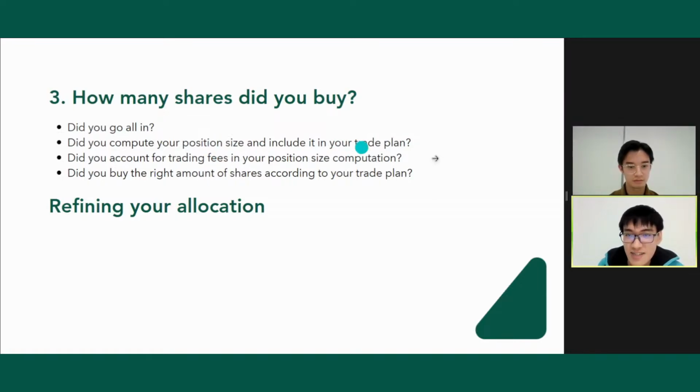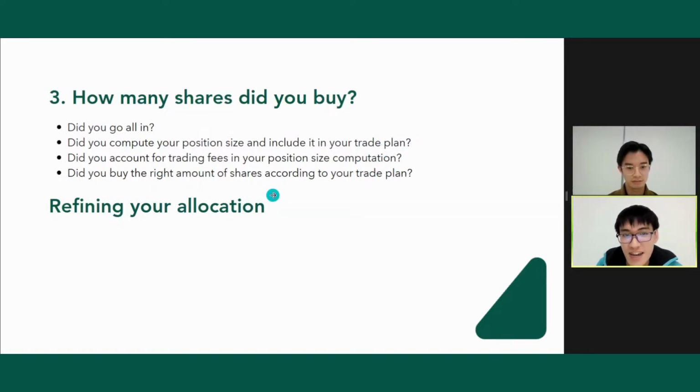And another is, did you account for the trading fees in your position size? Because sometimes you might find that if the stock hits your stop loss, you lost more than 1%, then that might be because you didn't account for yung trading fees natin, right? So that's another thing to think about.